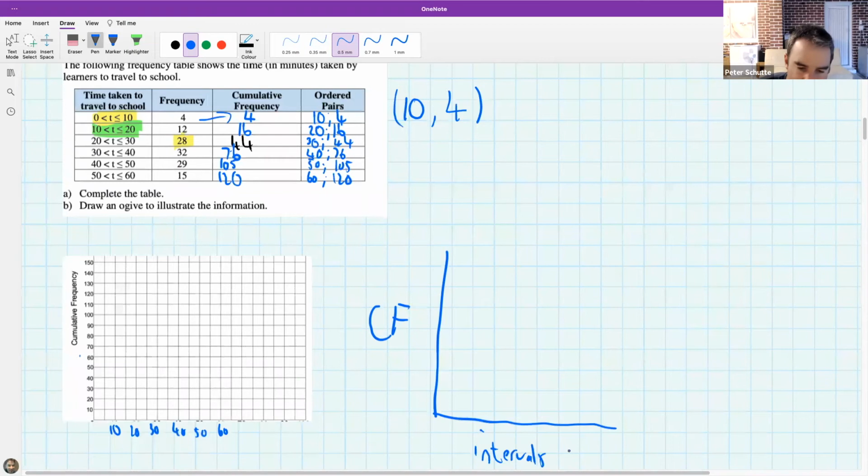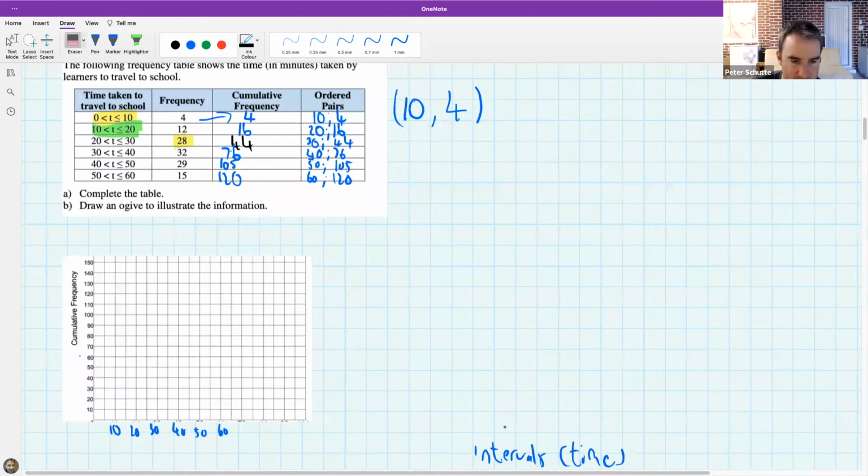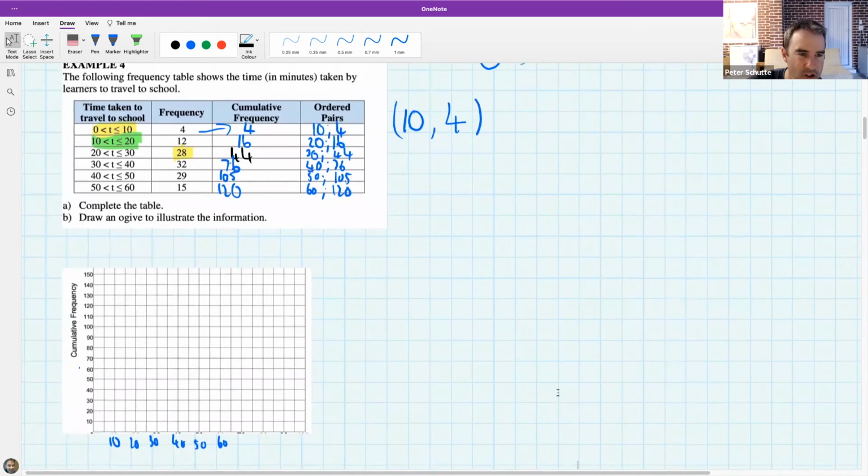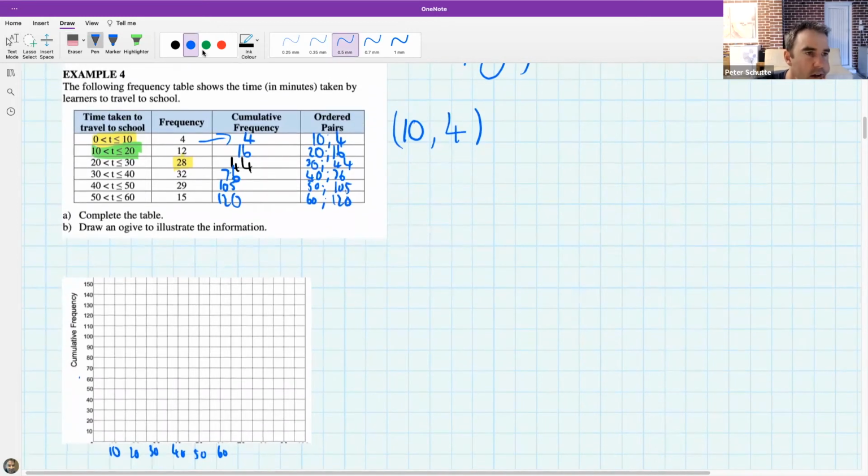And what are they? The intervals of time. Can you plot me these points? What's that going to look like? So basically, we're making sure we know how to draw an ogive. So 10, 4, 20, 16.